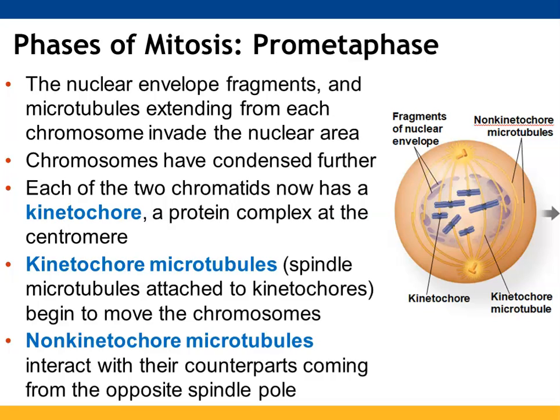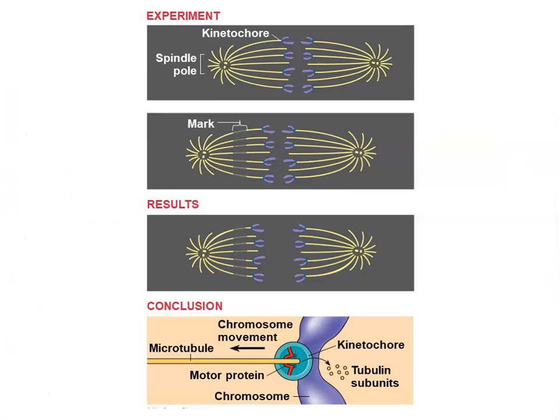The non-kinetochore microtubules are able to work across the nucleus and around the nucleus to interact with other non-kinetochore microtubules at the other centrosome, now that the centrosomes have moved to opposite ends of the cell. Again, just helping the cell to expand.